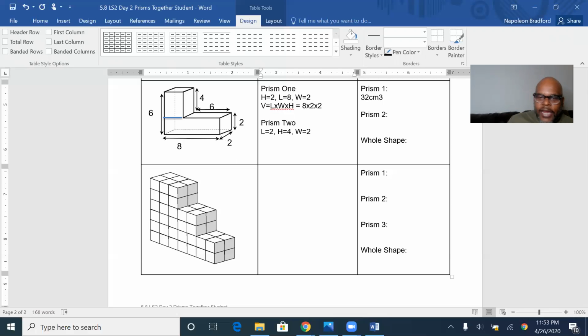All right, take a minute now and find the volume of prism 2 and the volume of the whole shape. Because remember, you're just adding prism 1 and prism 2. I'm going to give you a minute to do that. Find the volume of prism 2 and then find the volume of the whole shape.